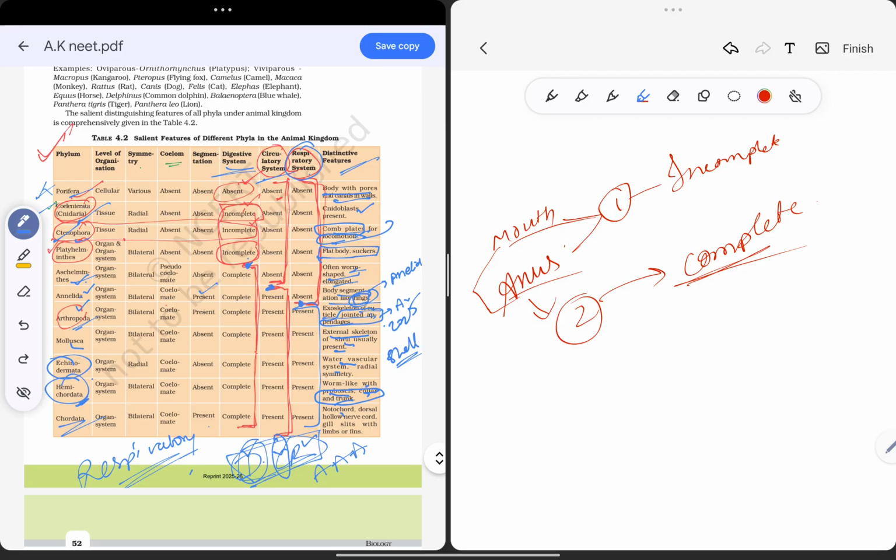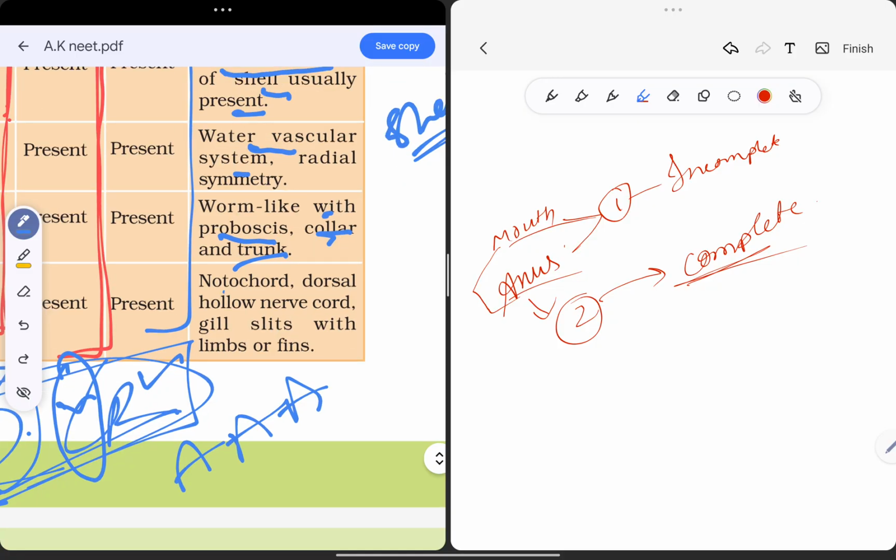All chordates have a notochord. They have a dorsal hollow nerve cord and gill slits, with limbs and fins. Just remember the three points: notochord, dorsal hollow nerve cord, then gill slits.